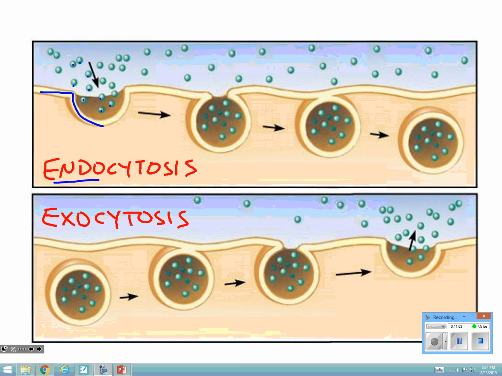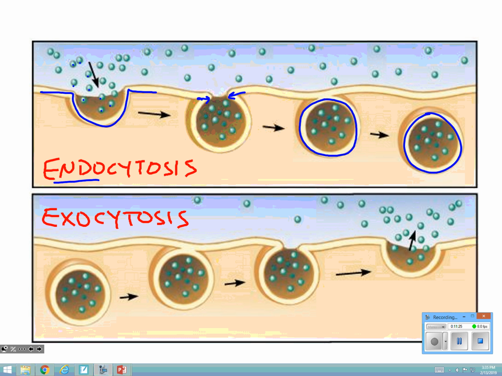The cell membrane, which is this part here, can actually form a little pocket that the molecules can go in. And then this pocket can continue to close and pinch off until eventually it makes its own little bubble inside of the cell. Now we have a bubble containing all of these molecules that we need.